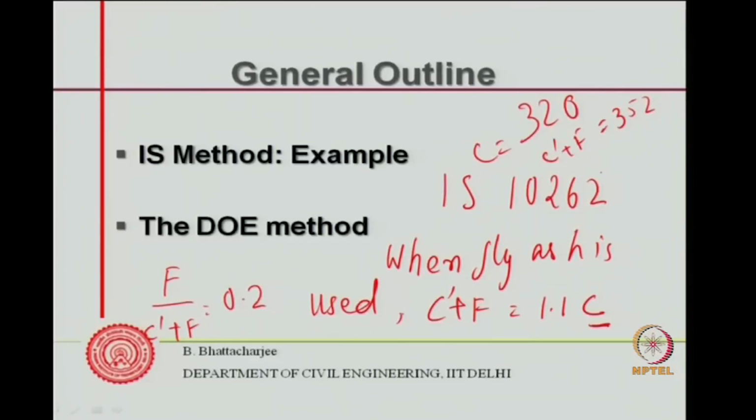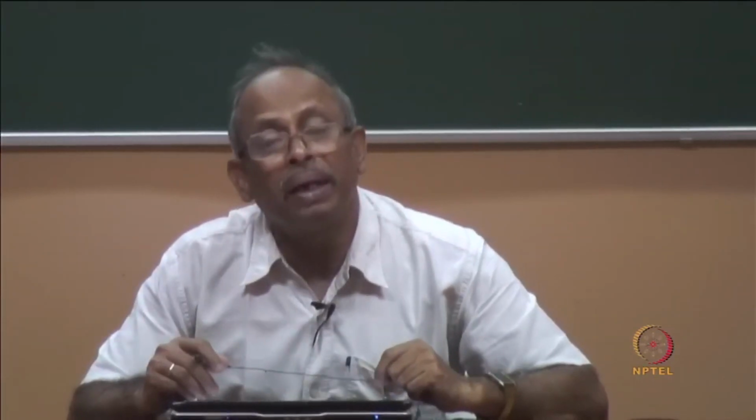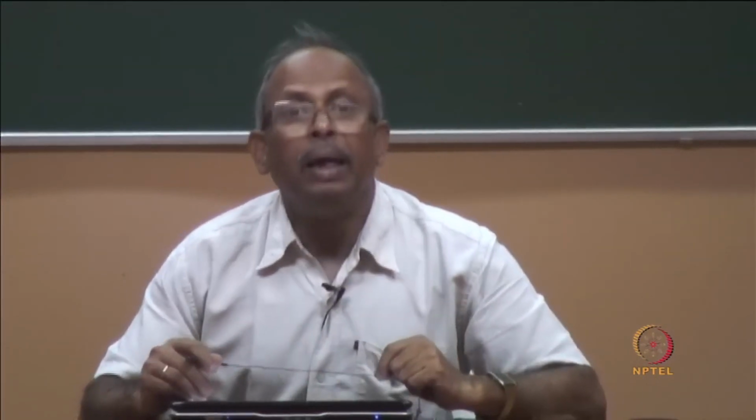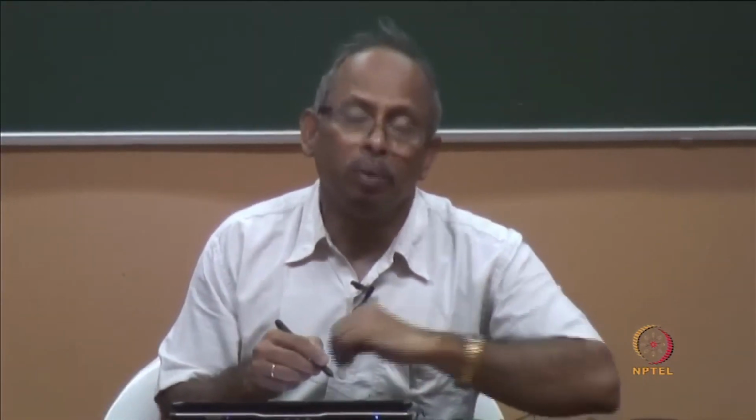So, if you know F by C dash plus F, you can find out the value of C dash and F, where C dash is the new cement content and F is the fly ash content that you are using in the concrete. All right. So, this is just to recall what we were last discussing. We also said that we would need some correction factor for moisture content at the field, and in our example we will look into these issues.